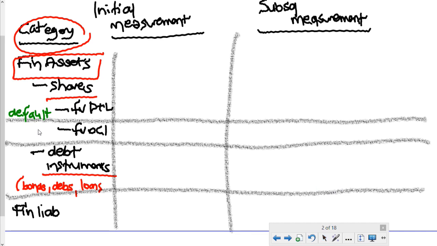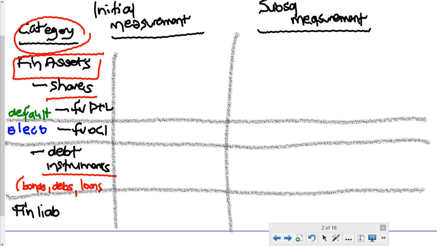So when I have investments in shares, when I buy shares in another company, the default treatment is that I carry those shares at fair value through P&L. I'm going to talk to you about fair value, about measurement. However, I can elect to carry them at fair value through OCI.